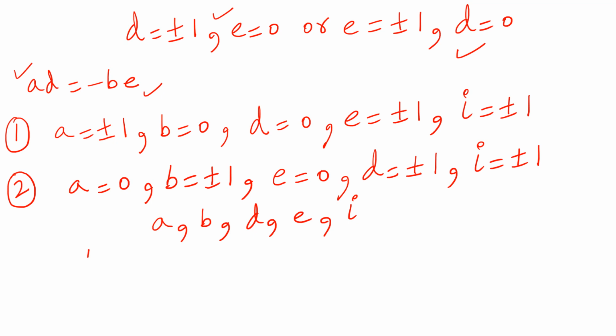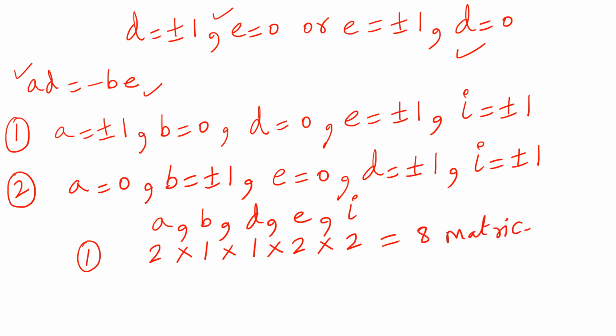Now students, to find the total number of matrices of type 1, the value of A can be allotted in two ways. The value of B can be allotted in one way. The value of D can be allotted in one way. The value of E can be allotted in two ways. And again, the value of I can be allotted in two ways. So just by using fundamental principle of counting, the total number of such matrices are 8.